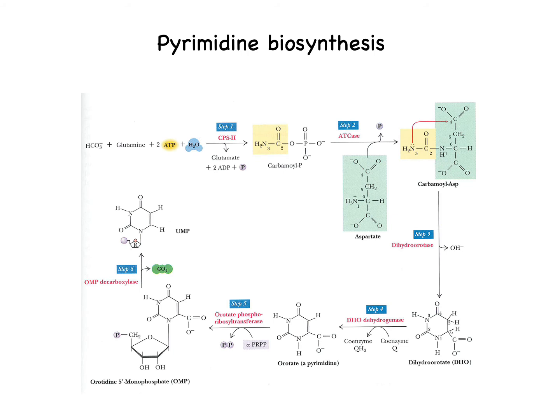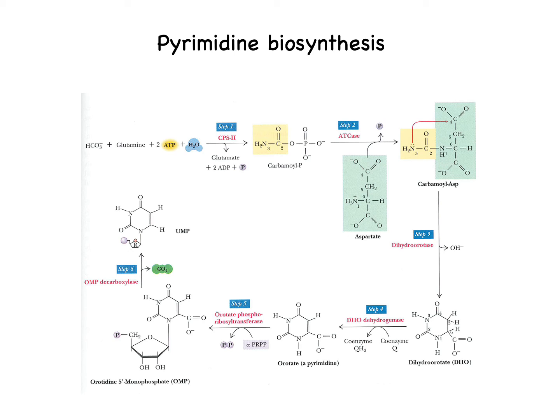So this is the pathway again for making pyrimidines. Again, the first step is carbamyl phosphate synthetase to make carbamyl phosphate. Then we add aspartate through aspartate transcarbamylase, and finally we can then complete the ring using the enzyme dihydroorotase.